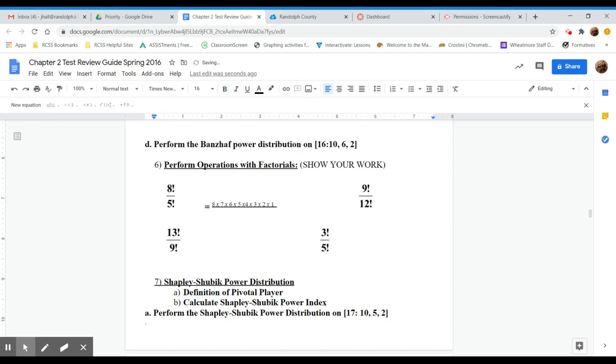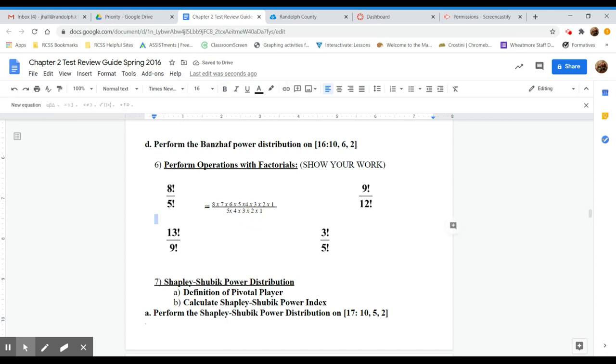But then if I do 5 factorial, let me go back in here. That's going to be 5 times 4 times 3 times 2 times 1.